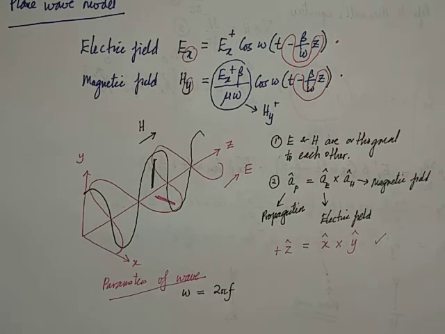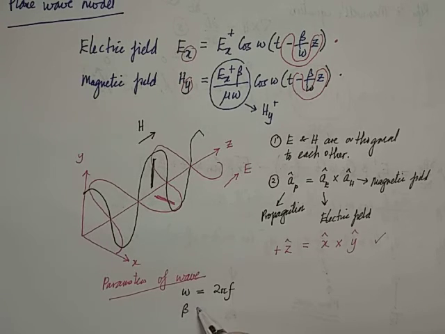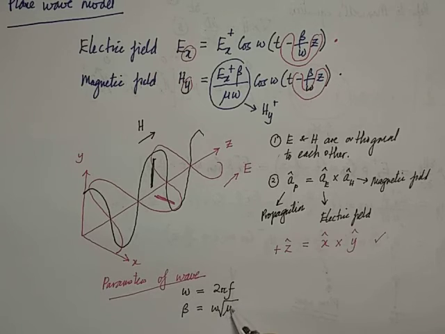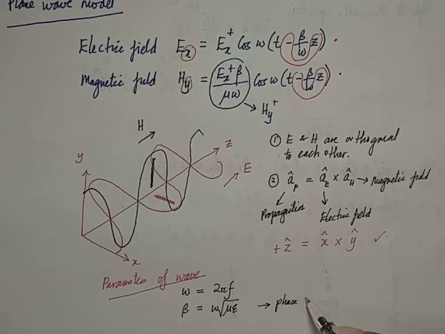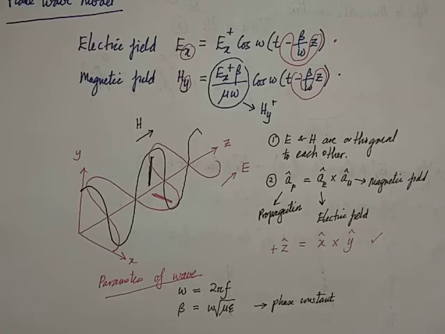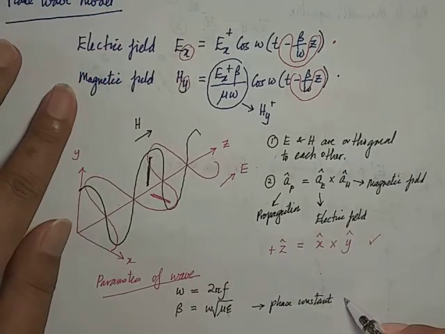That's done. So what is beta? Beta is equal to omega root mu epsilon. This is known as the phase constant. The unit should be radian per meter.